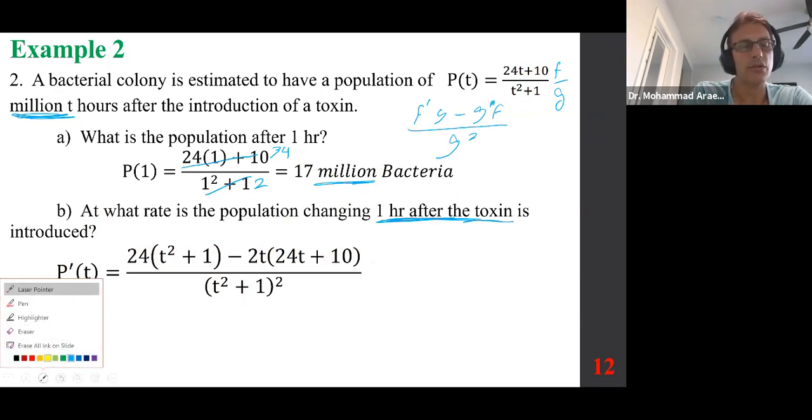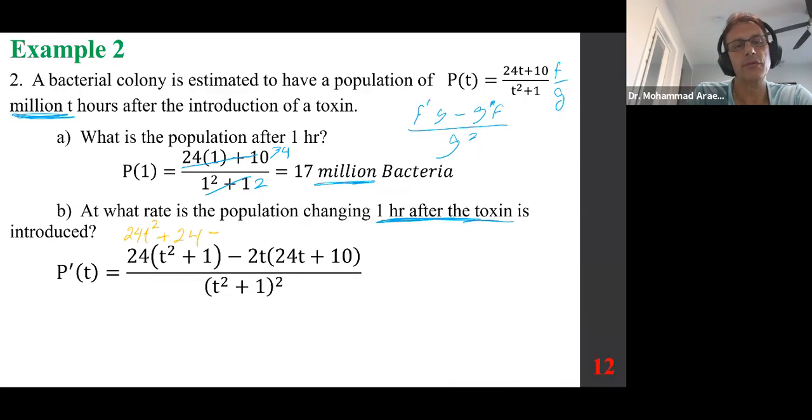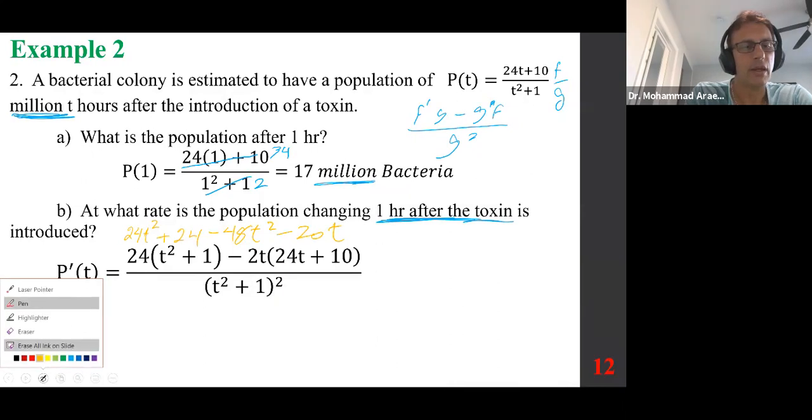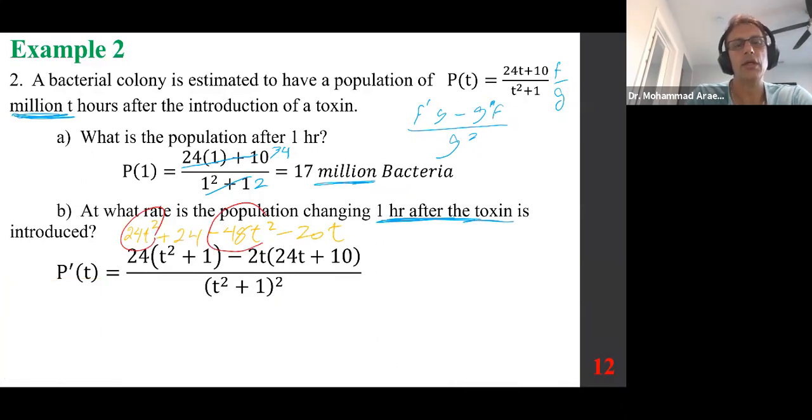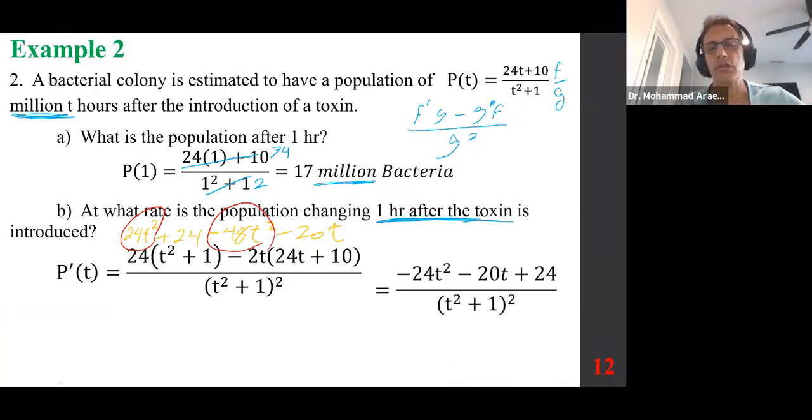So we are going to distribute: 24t squared plus 24 minus 48t squared minus 20t. And as far as the numerator is concerned, 24t squared and negative 48t squared add up to negative 24t squared.